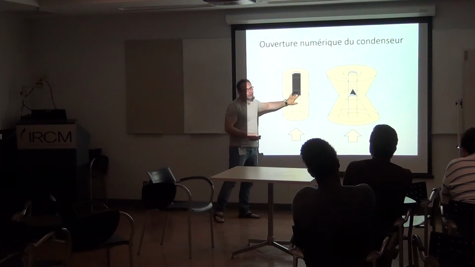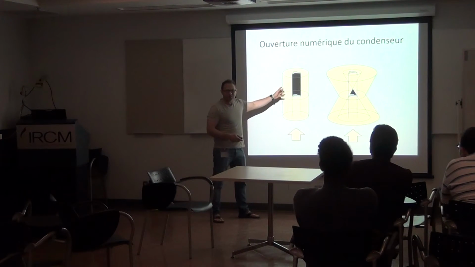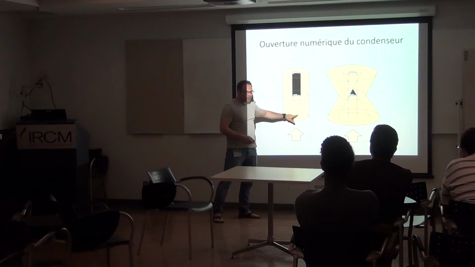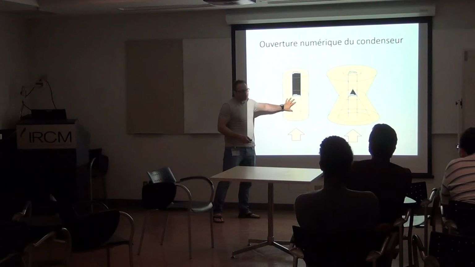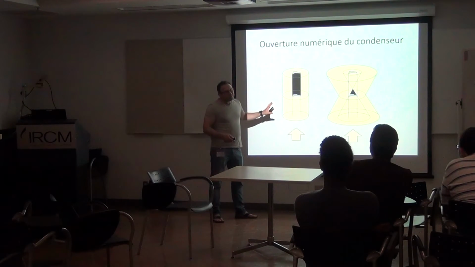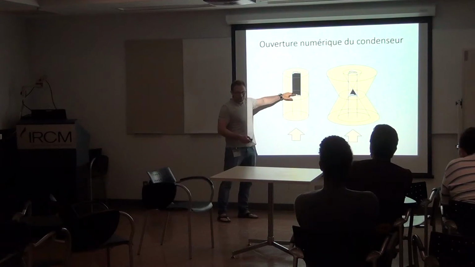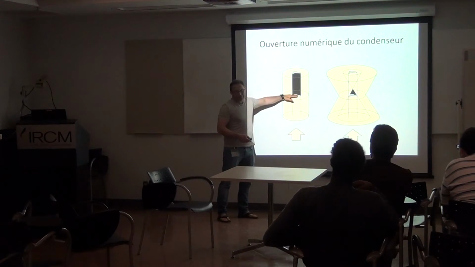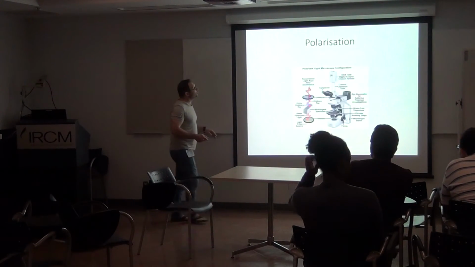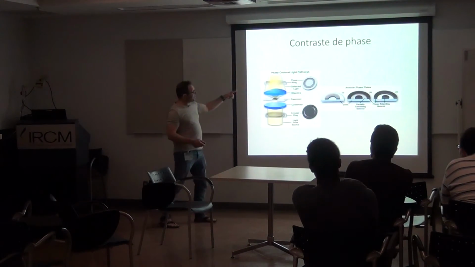Then you would get a good contrast, but you won't see that much detail. And if there's any dust, you will see it also. So that way of contrasting is not really good because you're going to see something other than what you have in focus. So that's why you would use phase contrast.